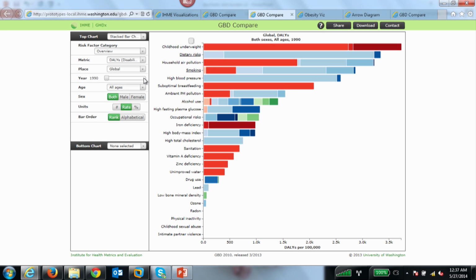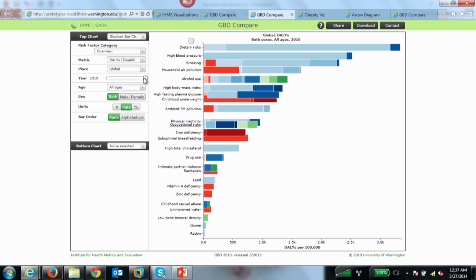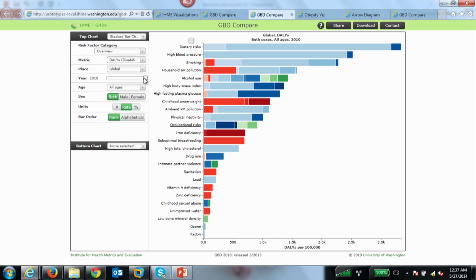If we go from 1990 to 2010, suddenly you see that diet is now the number one determinant of health around the world. This represents progress because we have reduced the burden of malnutrition, of suboptimal breastfeeding, of poor water, poor sanitation. And so in some sense, we are the victim of our own success, that now diet, high blood pressure, and smoking are the top 3 risk factors in the world. Now, diet is a broad category.